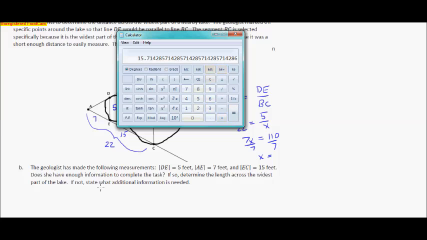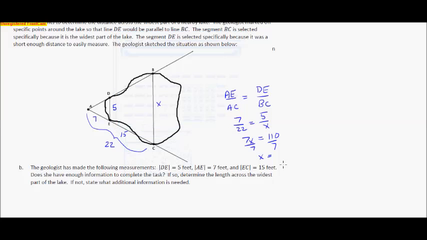And what do they say to the nearest? We want to go to our lake. No, we're just going to round to the nearest tenth. So 15.7 would be the widest part of the lake. Okay, so sometimes they don't really give you the information right straight ahead. You have to do some manipulation first.